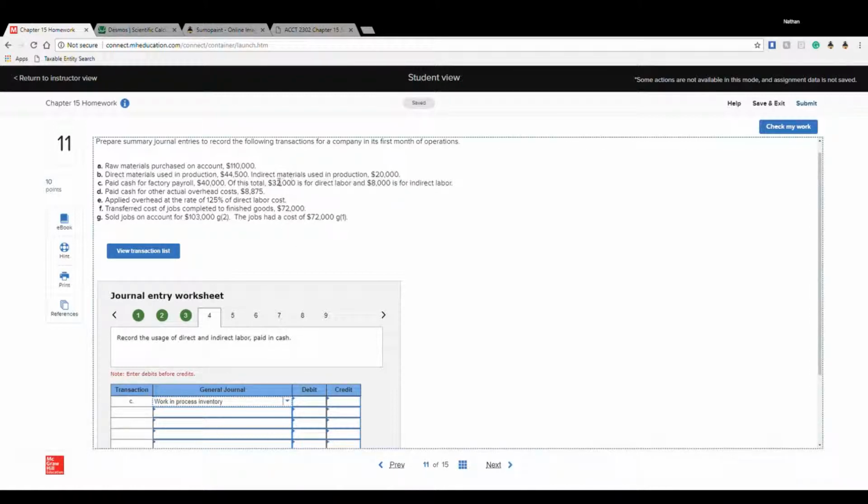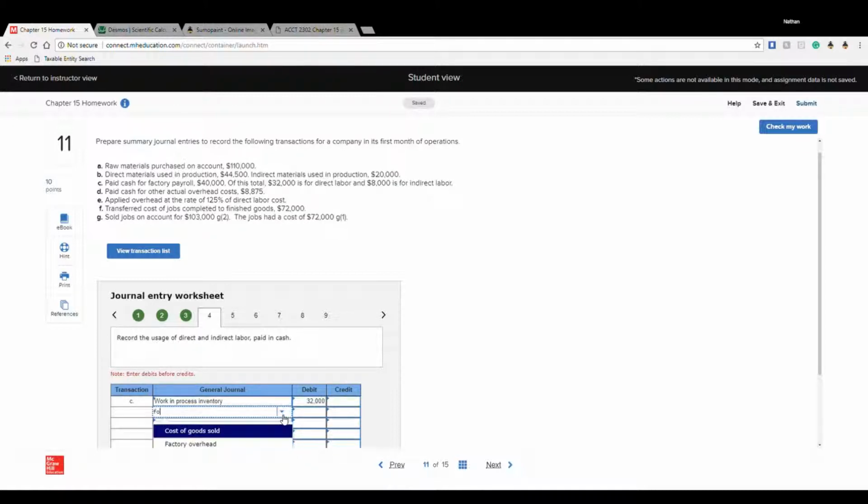So our direct labor, which is our work in process, is 3,200. We have factory overhead, and that's going to be for my indirect, which was only 8 grand. And since we paid in cash, will be cash for that 40,000. Okay. Again, always double check. Does my debits balance? Yes. If I add those two, they are perfectly in balance. We're good to go.